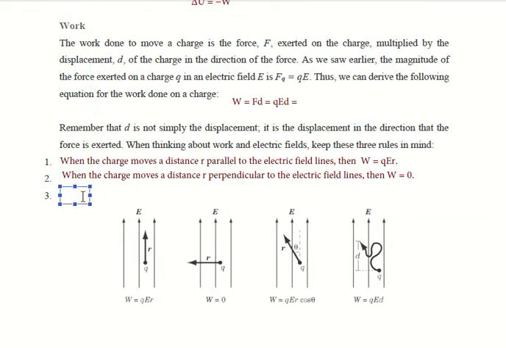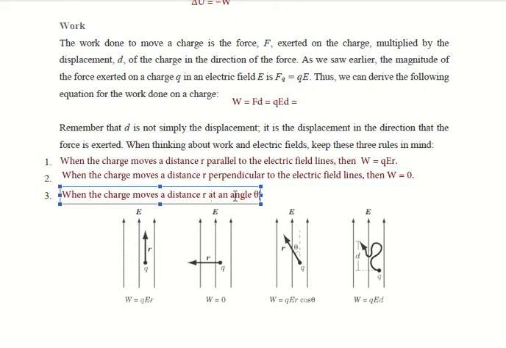And then the third picture here. When the charge moves some distance r at an angle theta. Hold on one sec, I gotta copy my.